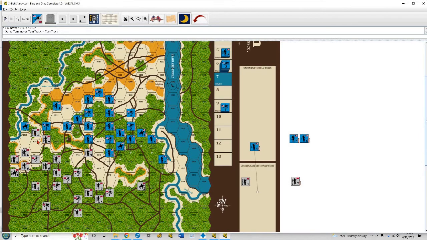Again, I'm going to hammer on this flank here. 6 to 1, 3 to 1 odds there. Move there, and I'm going to fire down that line again. So if I can get, so this is going to be 6 to 1. This is going to be 4 to 1, which is pretty good.